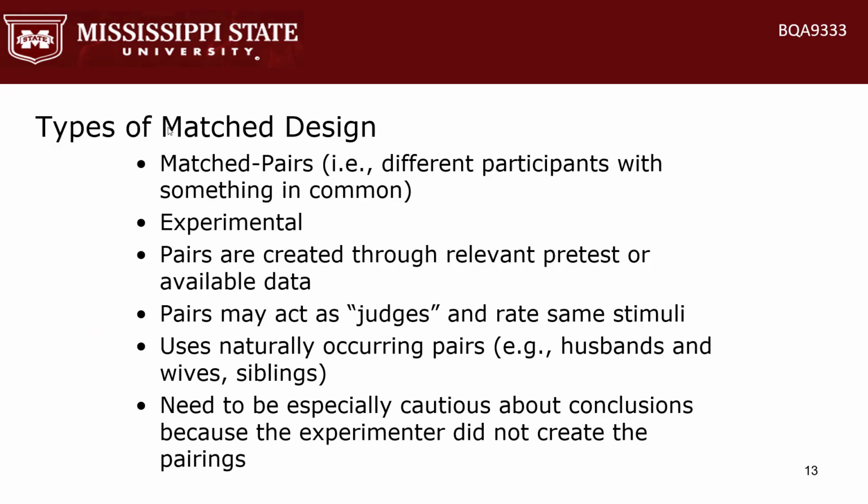So in a matched design, if we have available data, we'll often do some sort of pre-test to find a response, and if people are responding similarly, we will pair them up. We can also use naturally occurring pairs. For example, husbands and wives are considered to have the same living situation.